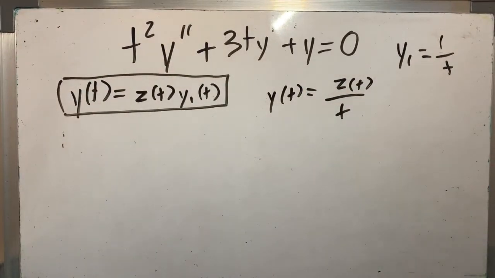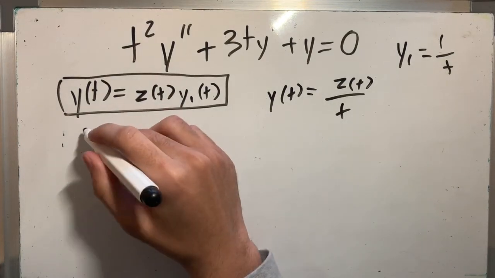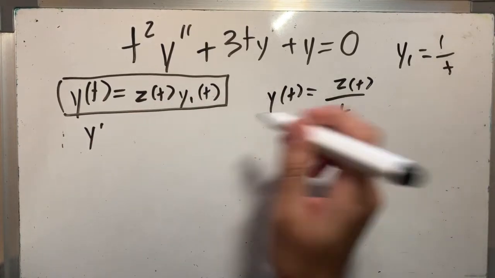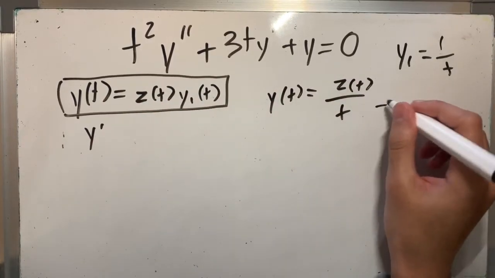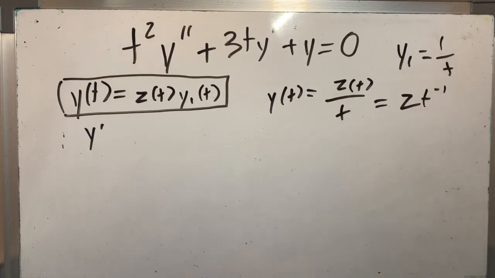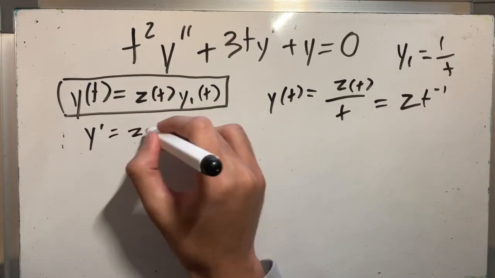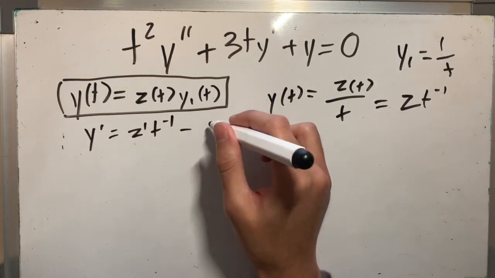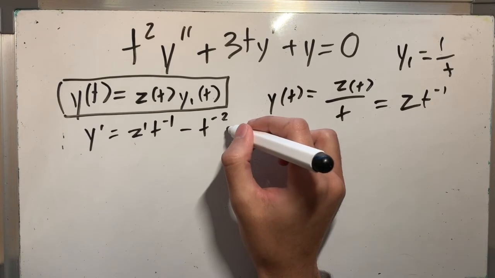And using y of t, we can find y dash of t, which will just be the derivative of this. This is also equal to z t to the negative 1. So y dash would be equal to z dash t to the negative 1 minus t to the negative 2 z.